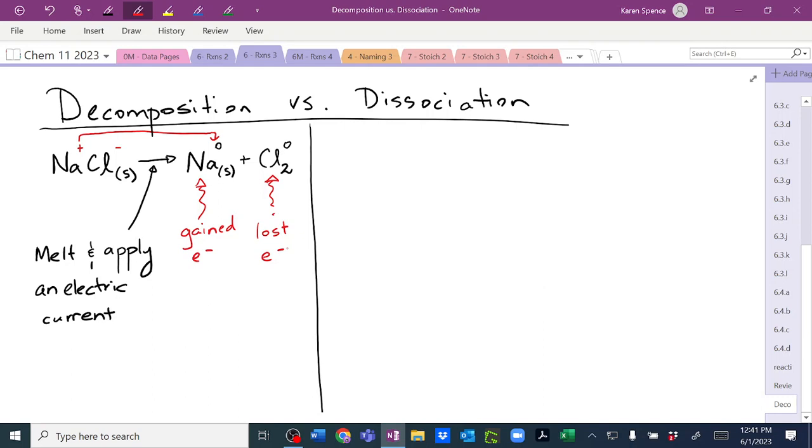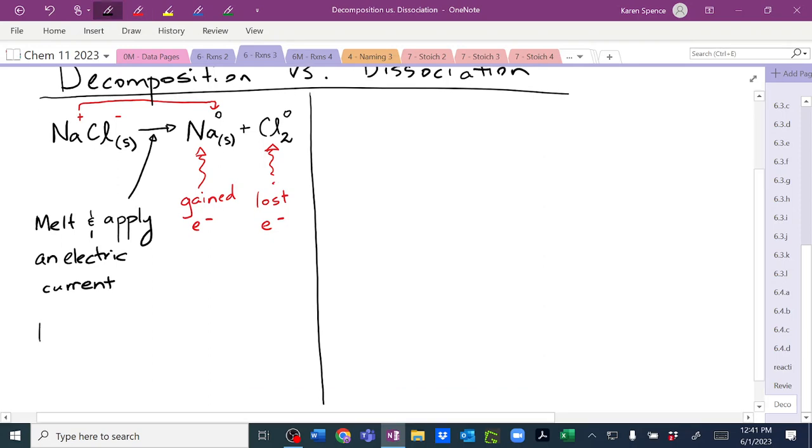Sodium chloride, what are some of its properties? Salt. NaCl is a whitish crystal, yes. It is yummy on your food.